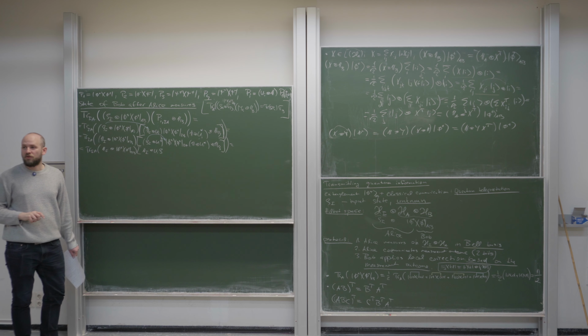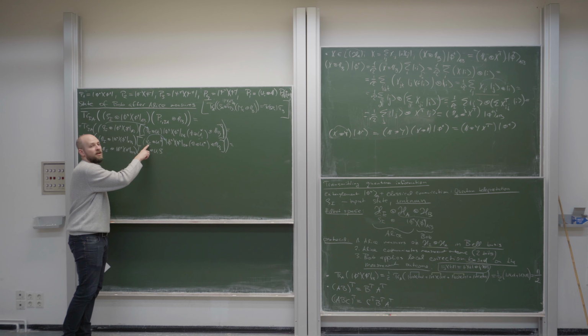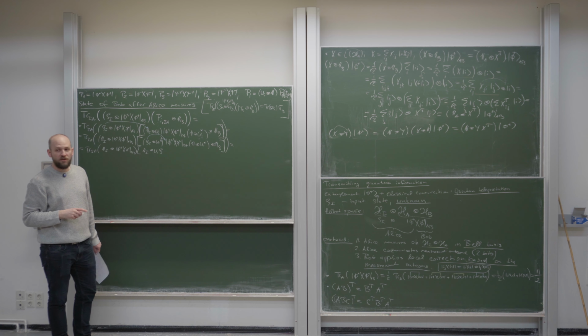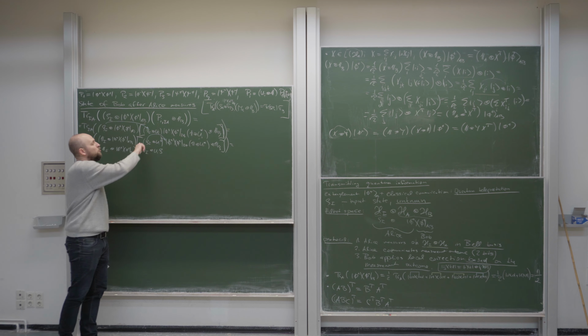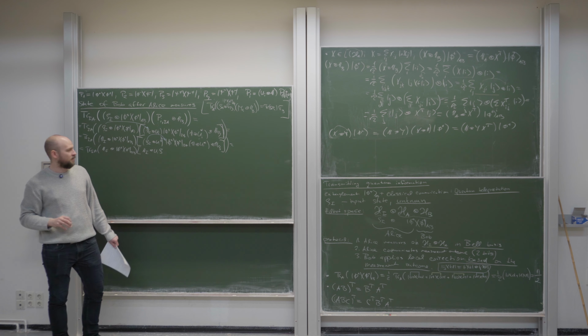Now here's the problem. I denoted this rho I as an input state rho living on Hilbert space I, but since I now moved it around, it's not living on the Hilbert space I anymore.